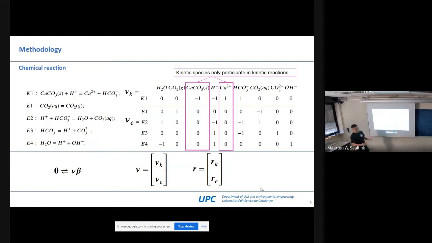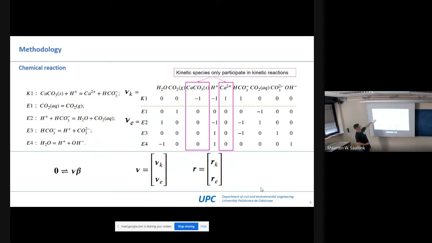If we use a very small time step, it might take a very long time. We need a lot of simulation time steps to simulate a long time scale. For instance, the reaction time of this CO2 dissolution may be 1 second, one minute, but we are going to simulate 1,000 years.